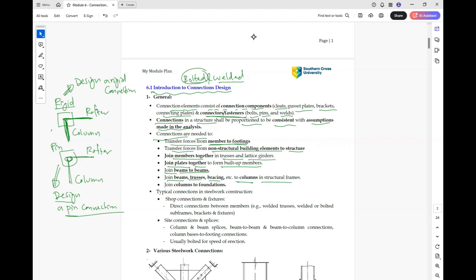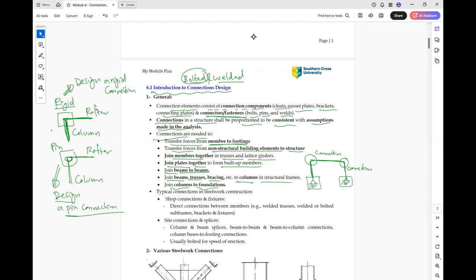So just quickly here, if this is a frame, there will be a connection between this column and this rafter, and this column and this rafter. So we have at least one connection here and another connection here. Also a connection between column and foundation, similar to here.